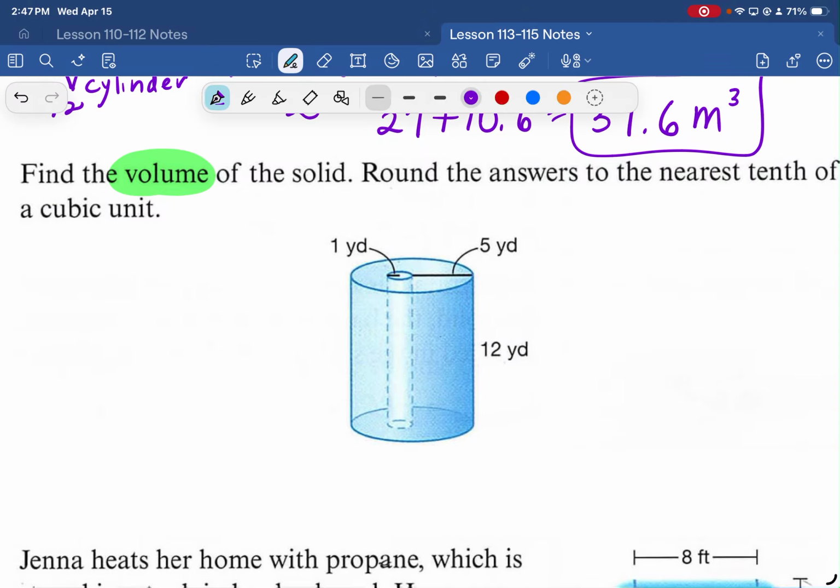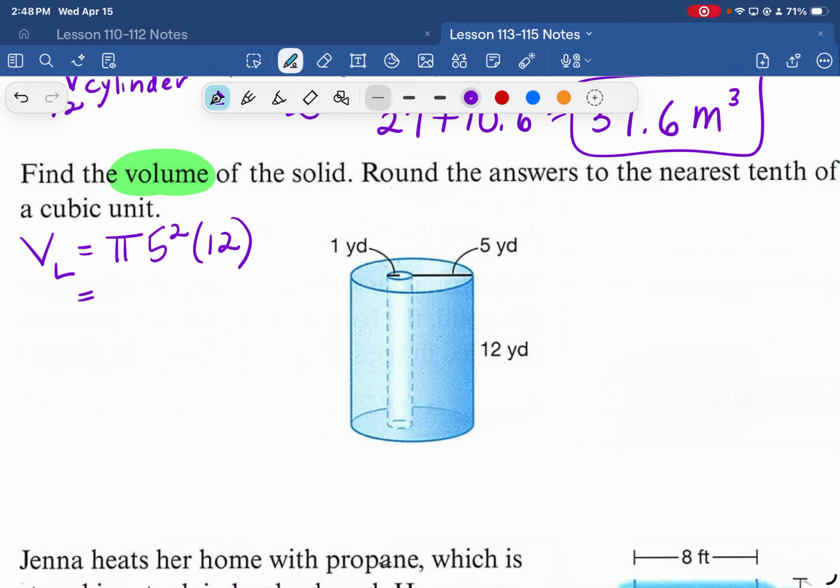Okay, so let's do the volume of the large one. Remember, it's pi r squared. So we're going to do pi times 5 squared, because that's the radius of the large, times the height, which is 12. 942.